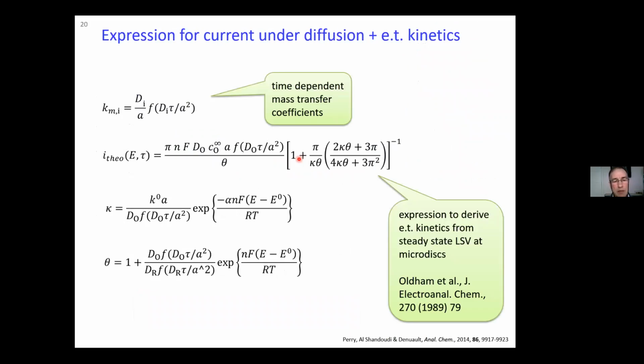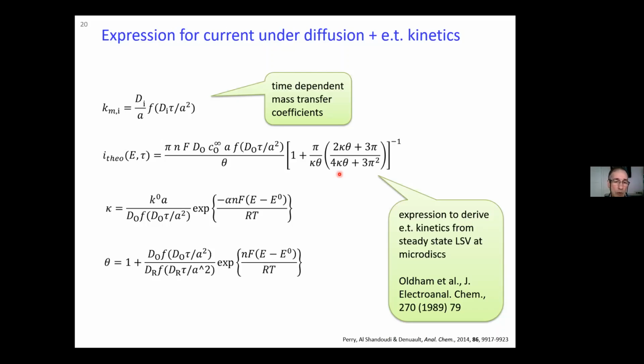What we did next was to go back to the literature and take another expression from Keith Oldham's papers. This is an expression that he had developed to analyze the shape of linear sweep voltammograms, disc electrodes, but in the steady state. And he was using this shape to extract the kinetic information, electron transfer kinetics, from the steady state voltammogram.